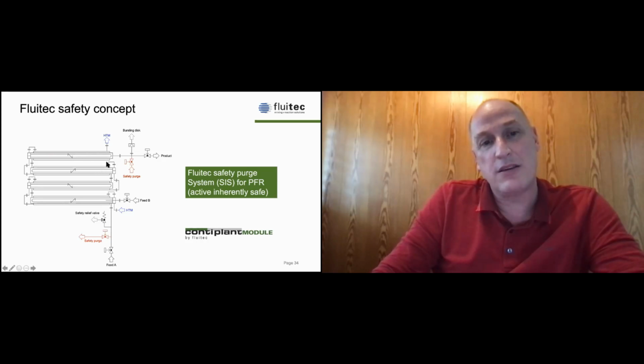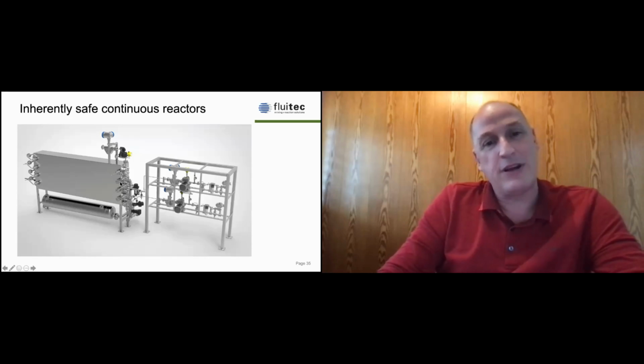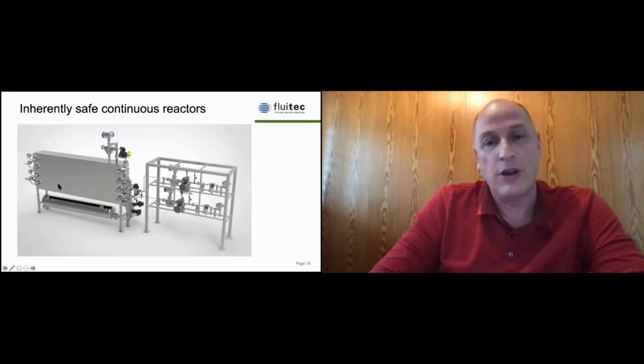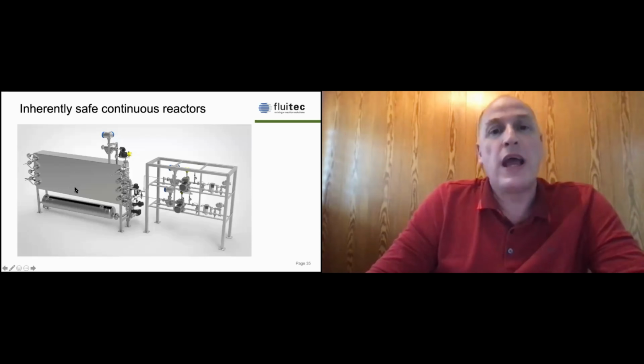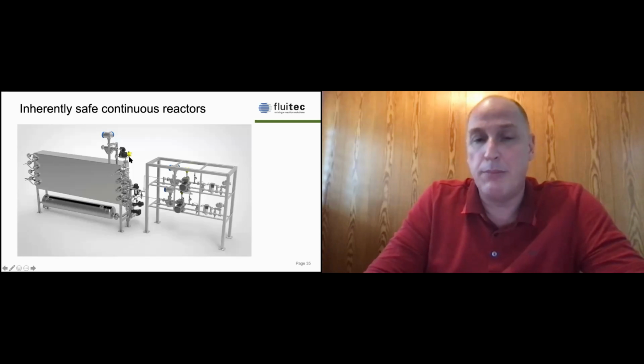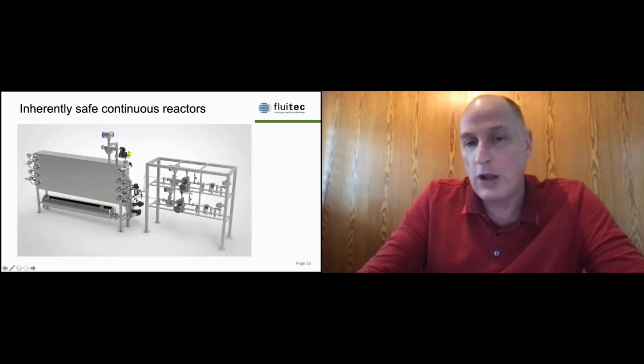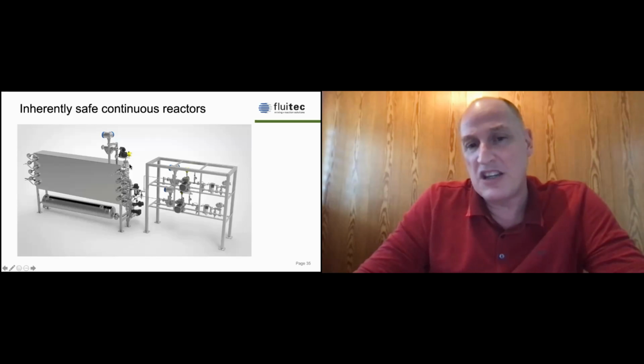And this looks like this. You have two dosing systems. You have the equipment; inside is the reactor installed. The continuous flow reactor has the outlet, and here are the safety valves. If we have a dangerous situation, we immediately purge the system. For a low viscous liquid, it takes about 5 to 10 seconds to purge the whole reactor.